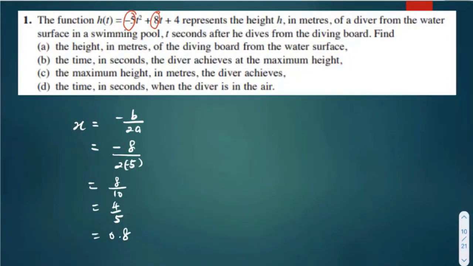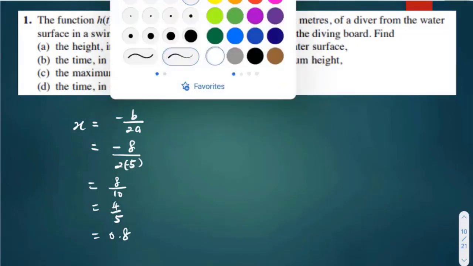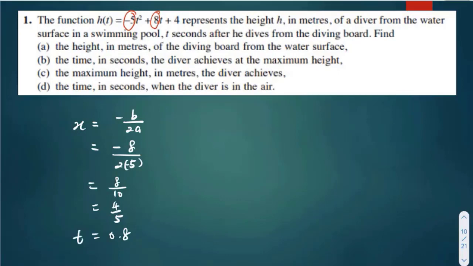To find the maximum height, you need the time the diver achieves the maximum. Just now is t lah. So you want to find the t, right? So for the maximum height, we have the t equal to 0.8.